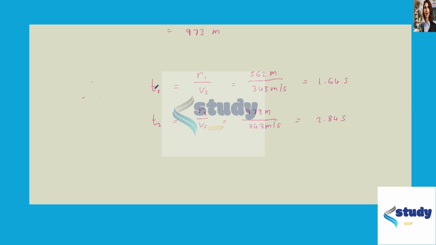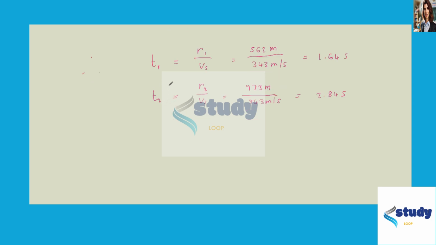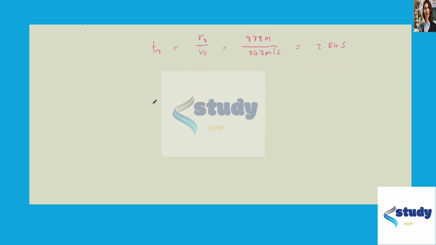So if we take the upward direction as positive, we now need to find v1 and v2, so we can find t12. v1 is equal to the square root of 2 times the acceleration times r1. This uses the kinematic equation, vy squared is equal to v naught y squared plus 2ay times y.